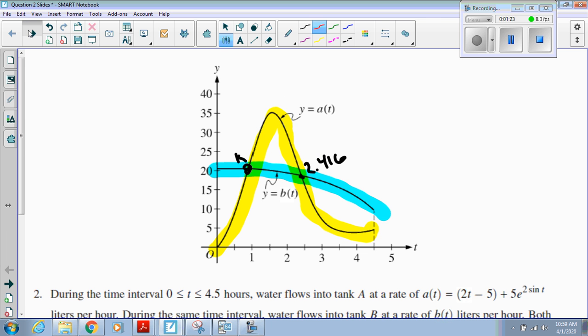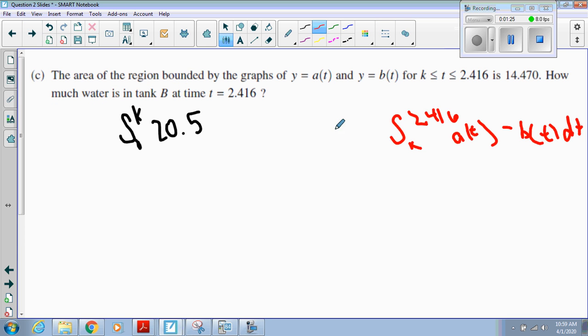So that's why we have to put it on top. And we know that this piece is going to be equal to 14.470.